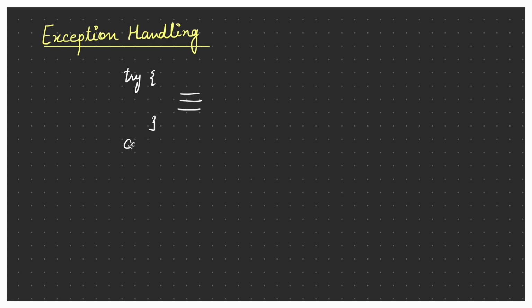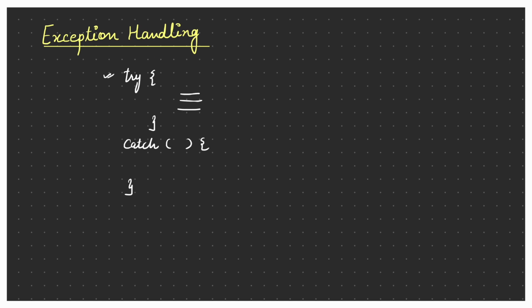So there will be a catch block for that try block to catch the exception thrown. This is the format of a basic try and catch block.